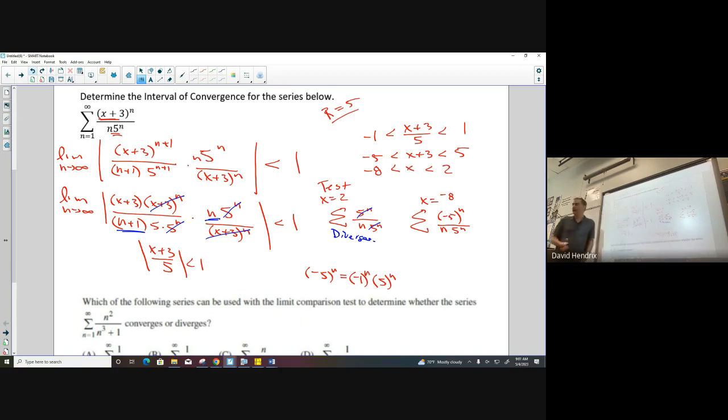Those are the same thing, right? Okay. And so this series is essentially (-1) to the n over n. Is this one going to converge or diverge? This one converges, right? So this converges by the alternating series test. And so then we would go ahead and put equal to on that one. And this would be our interval of convergence.